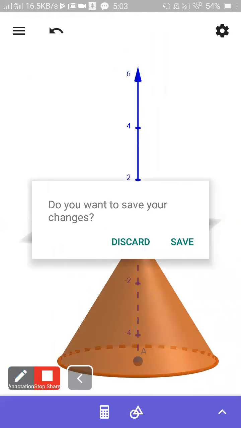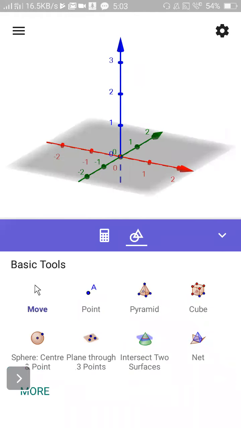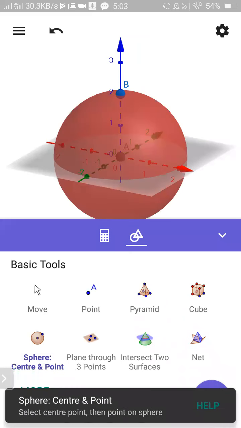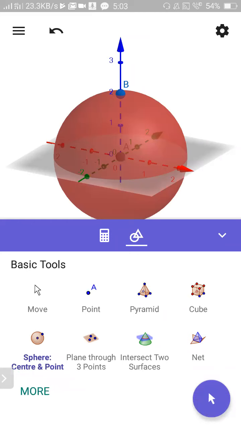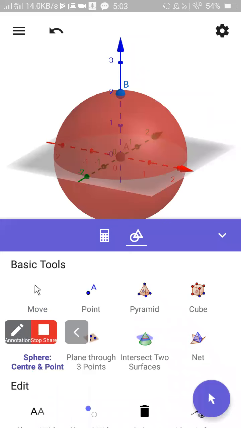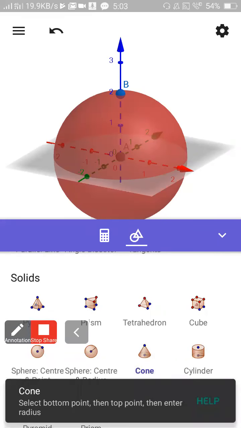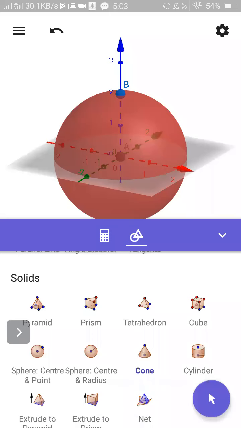Let me clear here. First I will make a sphere. I made some sphere. Now I will make a cone. I can take any radius.